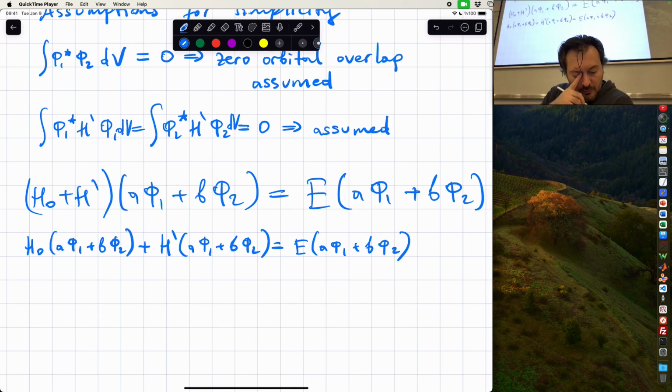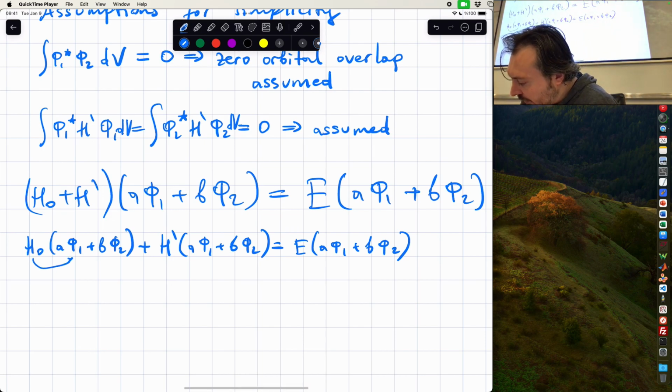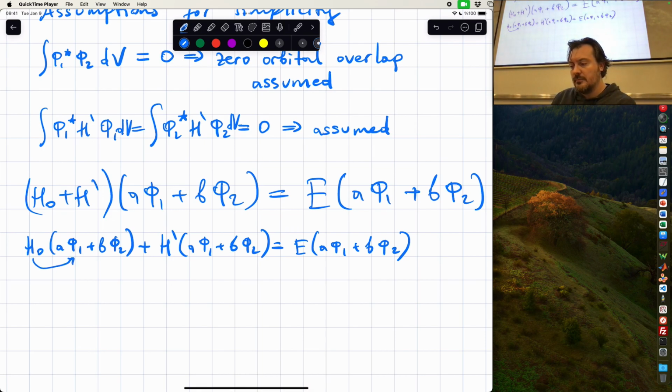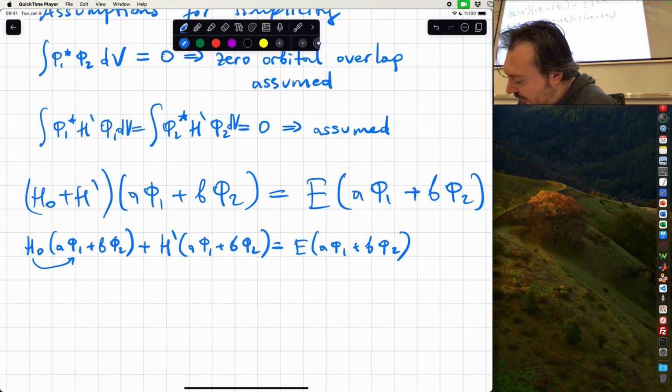Now, what is H0 phi 1? E0 phi 1, right? So the operator becomes a number. So E0, and the same is true for phi 2, right? So I can write it down like this.